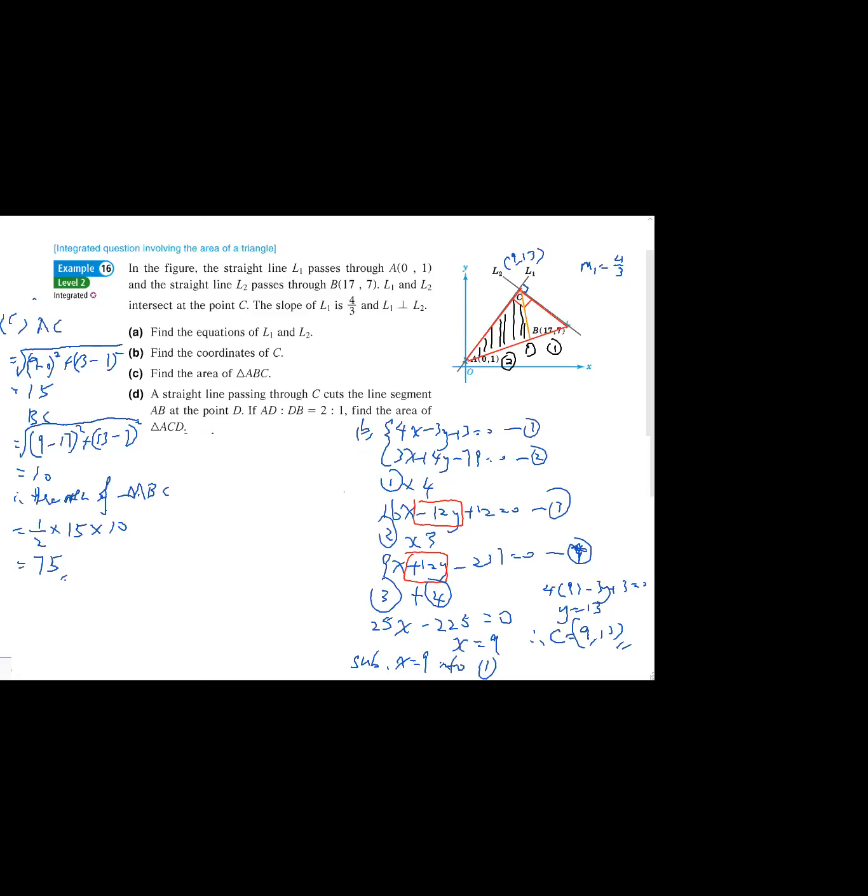So the area of triangle ACD over the area of triangle BCD should be equal to the base ratio, that is AD over BD. Okay, the base ratio: the area ratio, left to right, equals the left base to the right base. AD over BD, and it is given to be 2 over 1, right?